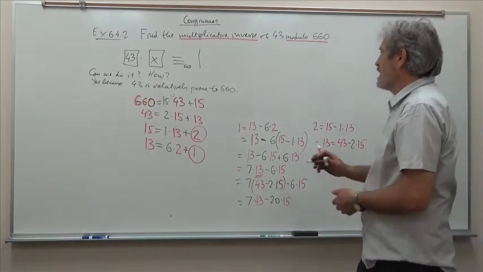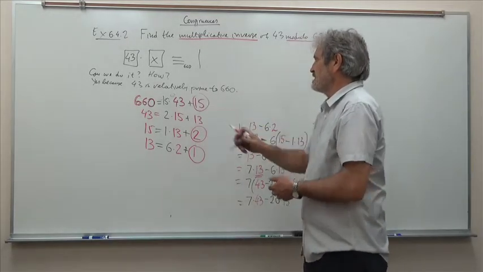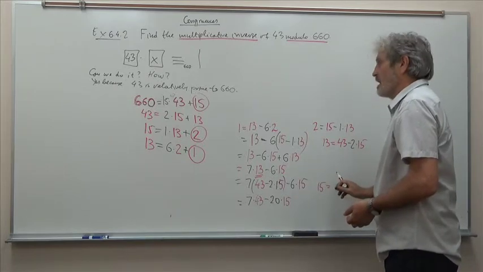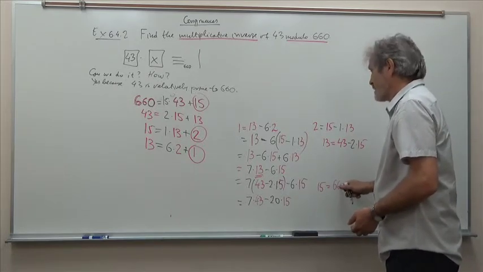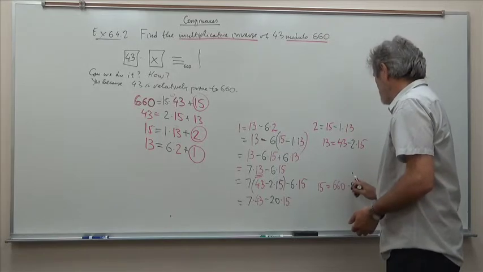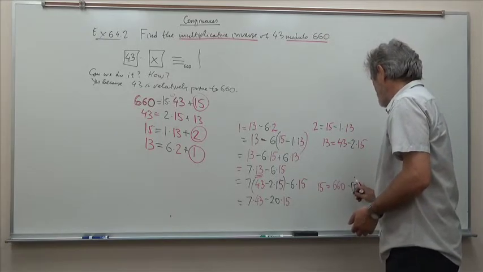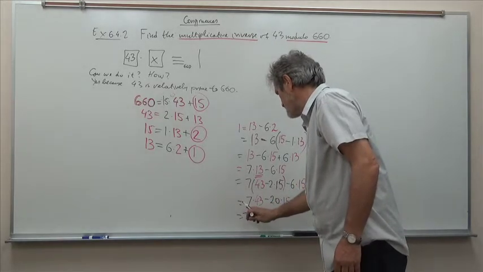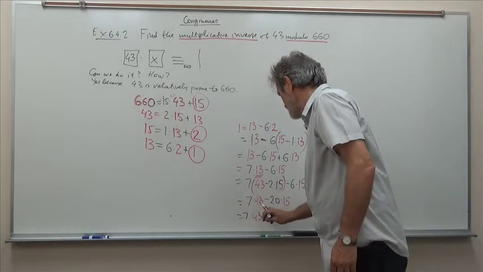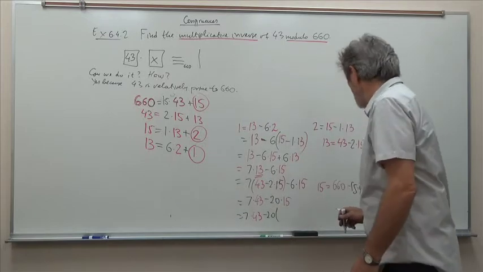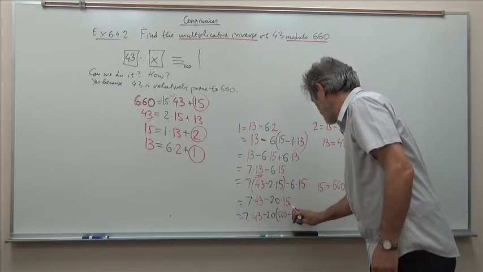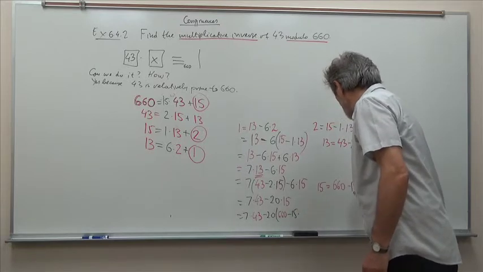Now what do I do? I finally trade 15. So 15 is traded as what? 15 equals 660 minus 15 times 43. And when I trade that, I get 7 times 43 minus 20 times 660 minus 15 times 43, should be right.